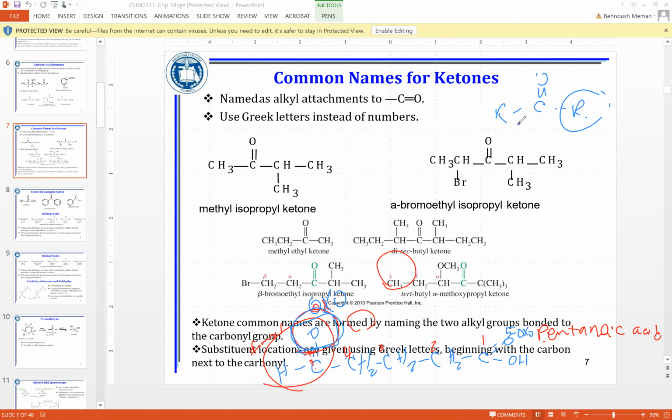You name the alkyl groups based on complexity or alphabetical order, and then you just say ketone. When you say ketone, it is understood that you have a C=O. So in this case, you have a methyl group and an isopropyl group. Then you say ketone, so methyl isopropyl ketone. That's like a general name for it.